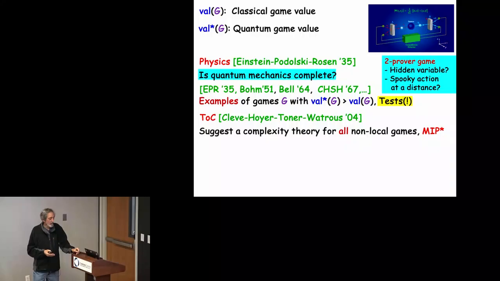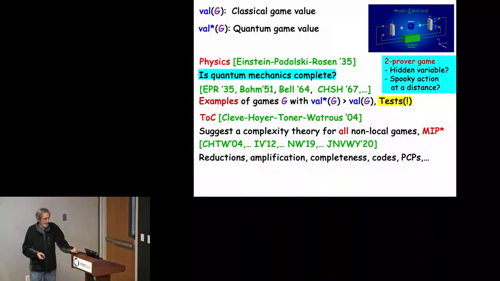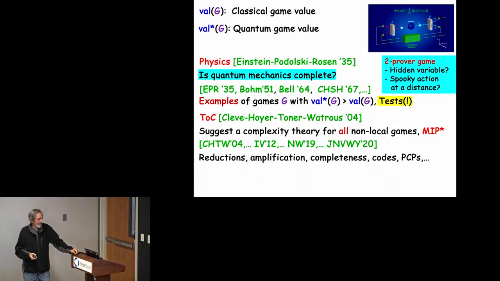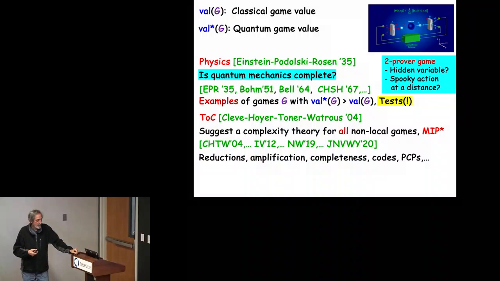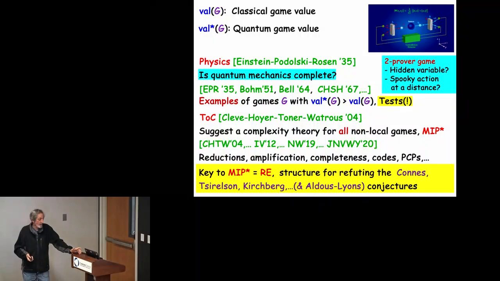Look at all non-local games, look for completeness and amplification of game values and reductions between different games, using all this technology of PCPs and codes. And it all goes into this proof, which is very complicated, maybe a 200-page paper, and relies on a lot of past work on classical interactive proofs, and implies the consequences in math and physics I mentioned.